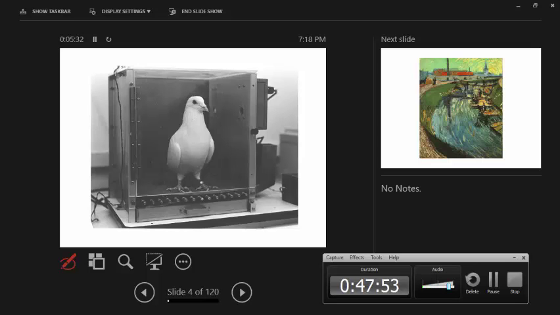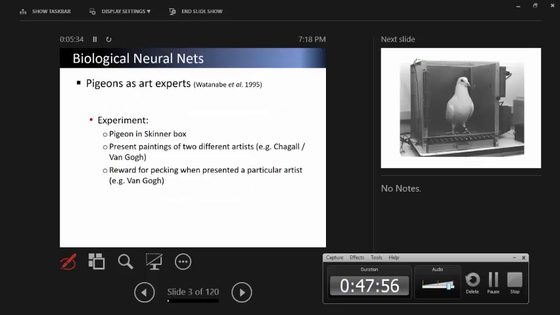But anyway, this is the pigeon, and we show pairs of those two paintings, and then give some reward if the pigeon responds correctly. Show this with some reward, and with some others, no reward.